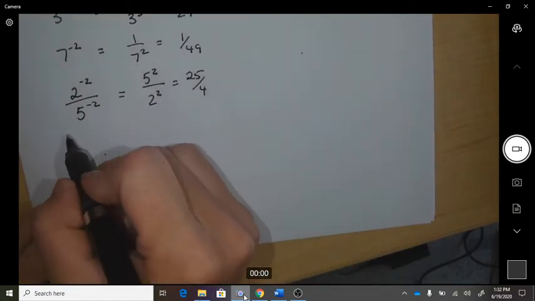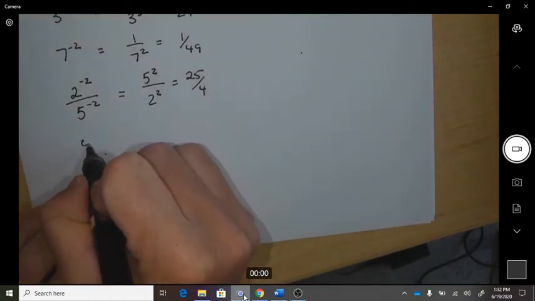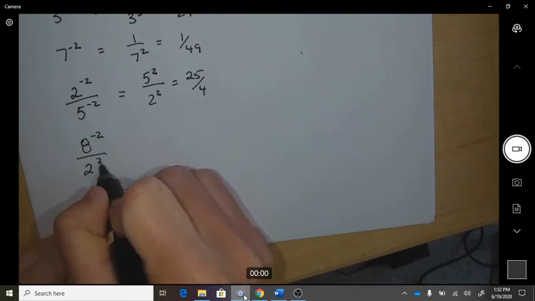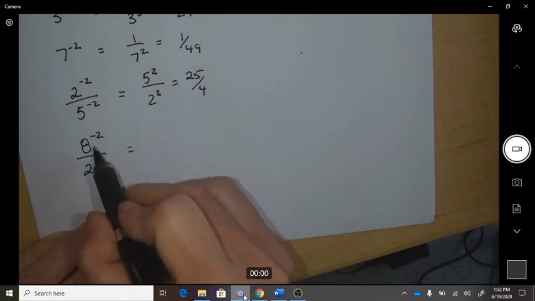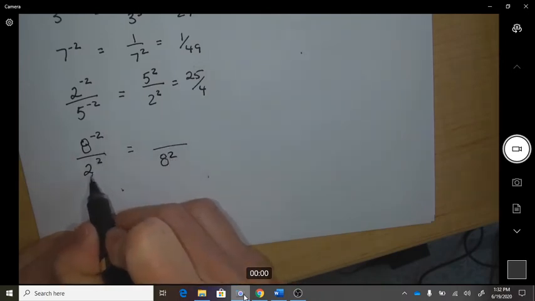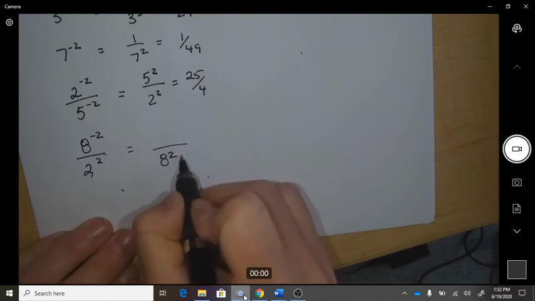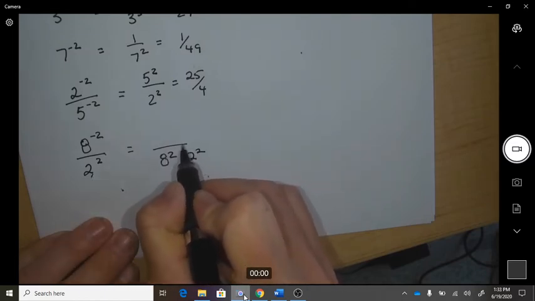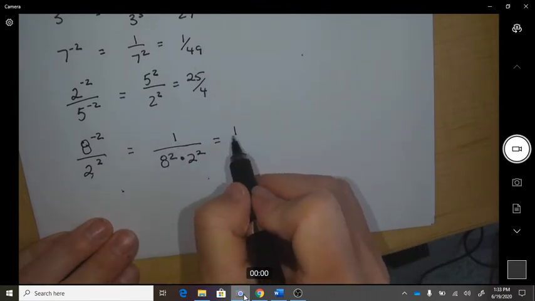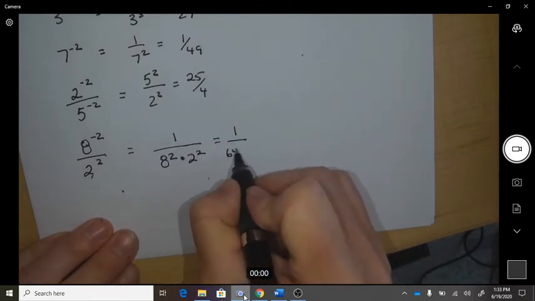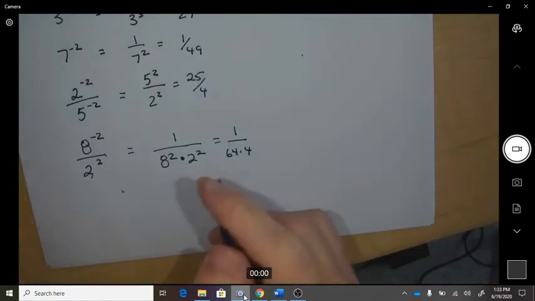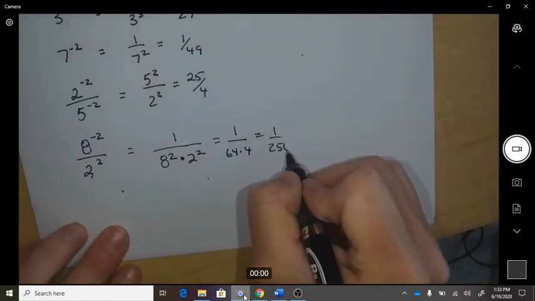If you had something like this, 8 to the -2 over 2 squared, then I would have to move this to the bottom, but this I'm not moving because it's not a negative exponent. So it stays on the bottom, and I need a placeholder of 1. So 1 over 64 times 4, which is 1 over 256.